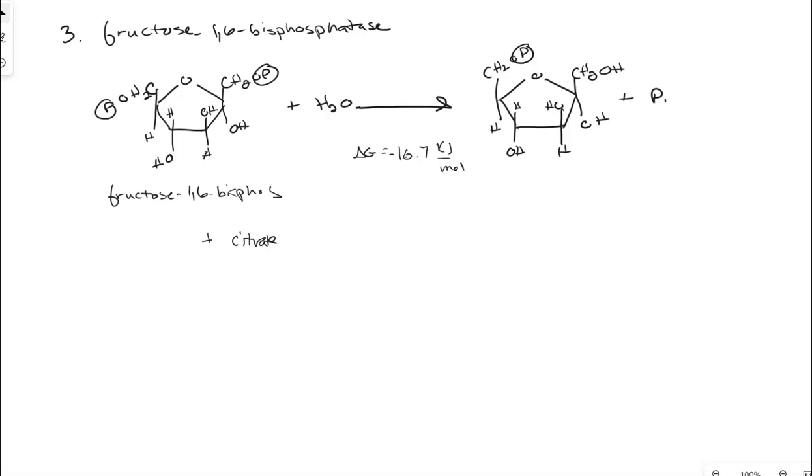Fructose 2,6-bisphosphate is an inhibitor, not to be confused with the 1,6. AMP also inhibits. And this inhibition of AMP is enhanced by fructose 2,6-bisphosphate.